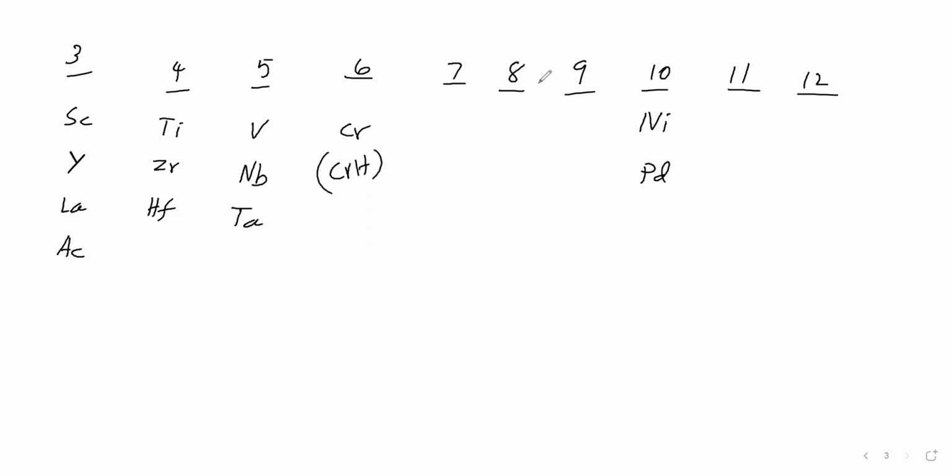Group 7, group 8, group 9 are not forming metallic hydrides, therefore it is called the hydrogen gap.